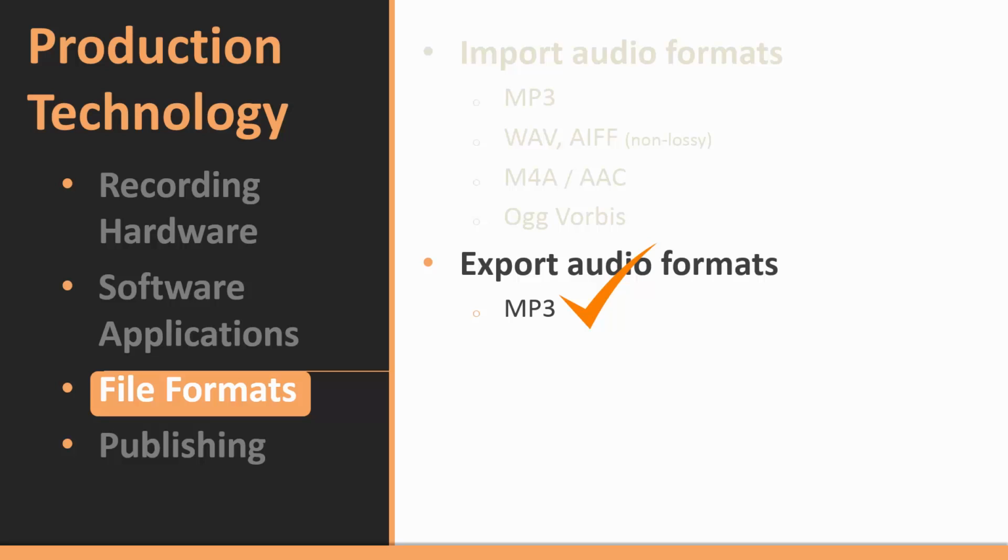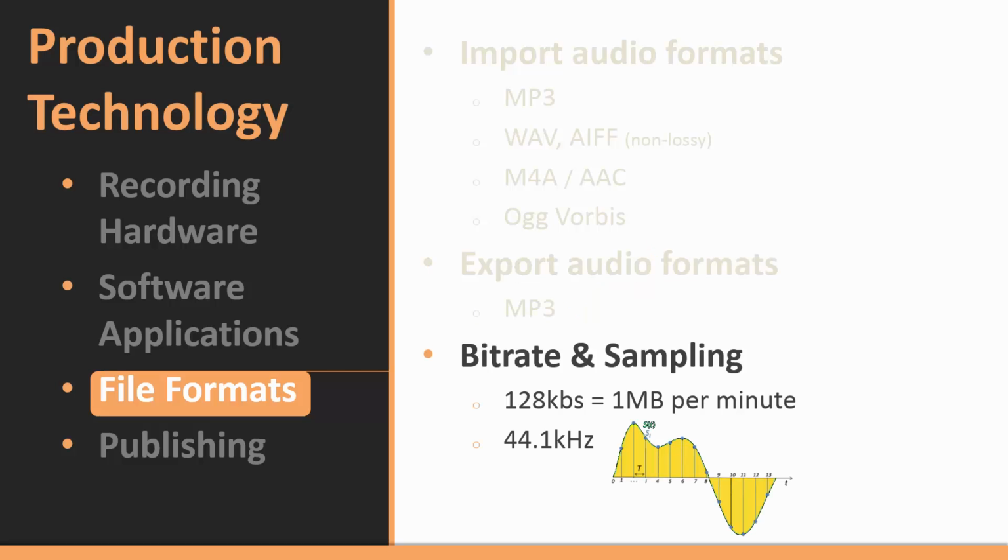When we export, we only have to worry about exporting one kind of file, and that's an MP3. We do have a few decisions to make, like what bit rate do we need, and what sampling rate do we need? Bit rate has to do with how much data it plays per second. And roughly the preferred standard right now for most of our applications is 128 kilobits per second.